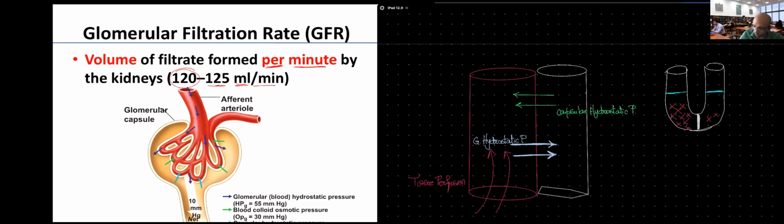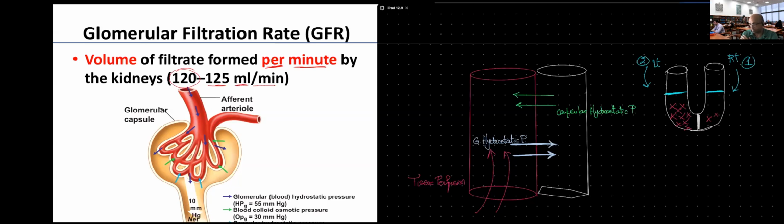What's going to happen to the water? Will it move from right to left or from left to right? What do you think? Will it be moving from right to left, one, or left to right, two?